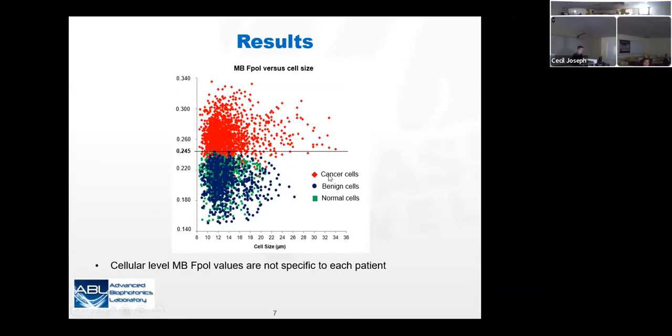You can see that the cancerous cells, which are represented by these red diamonds, are clustered around higher fluorescence polarization values, whereas the non-cancerous, benign, and normal cells, represented as the blue circles and green squares, respectively, are clustered around lower fluorescence polarization values. What this graph shows us is that the cellular level methylene blue fluorescence polarization values are not specific to each patient. We can see these general trends of cancerous versus non-cancerous.